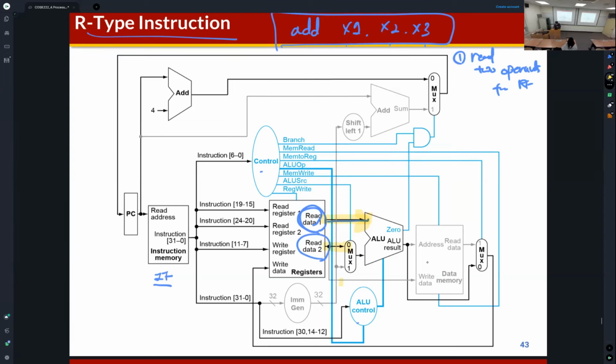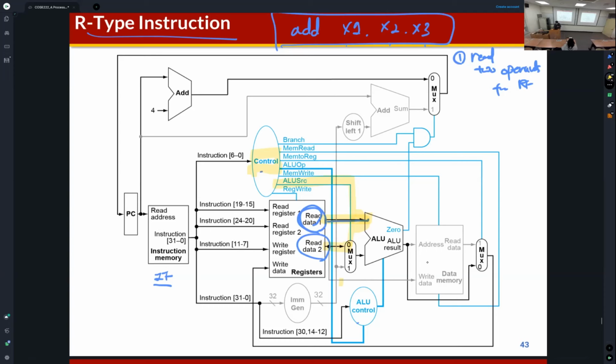Which means that for this instruction, the control unit needs to decide this control signal, right?